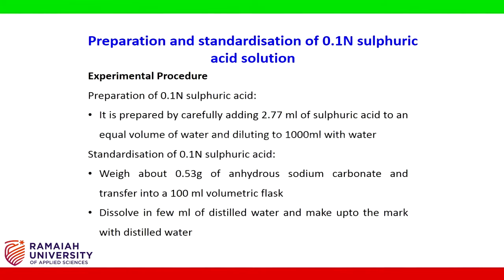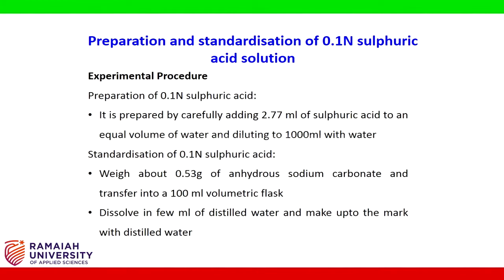Experimental procedure. First, for the preparation of 0.1 normal sulfuric acid. It is prepared by carefully adding 2.77 ml of sulfuric acid to an equal ml of water and diluting it to 1000 ml with water.